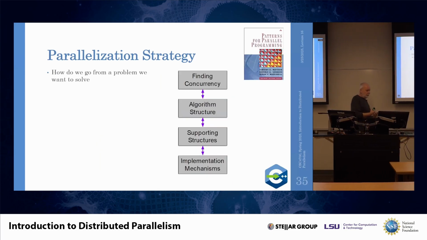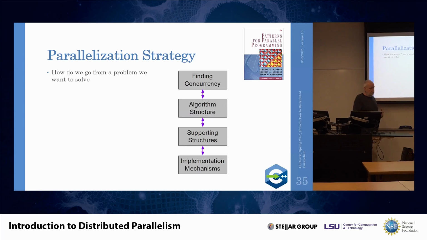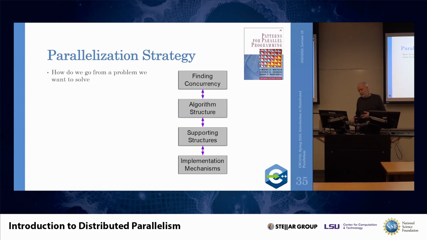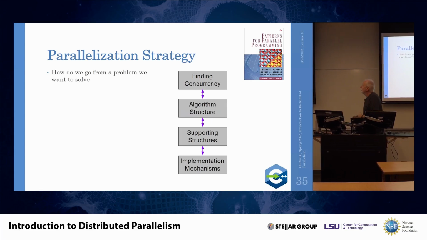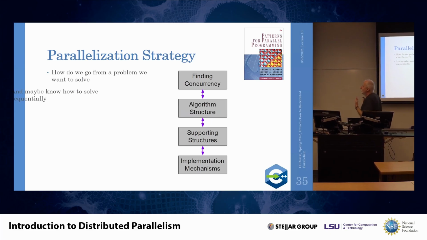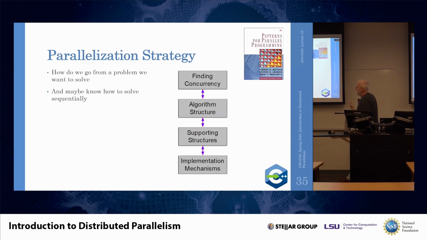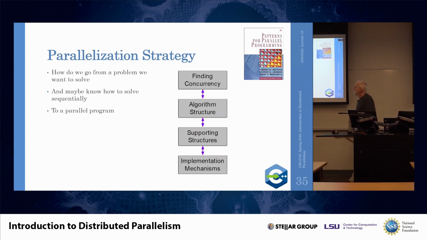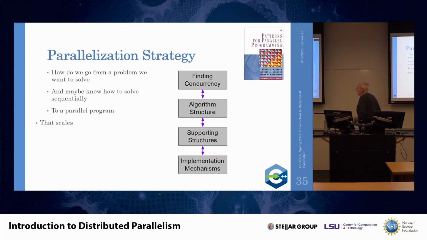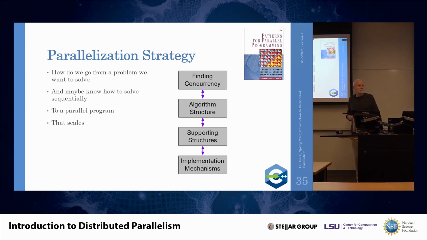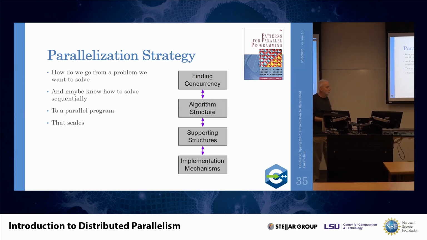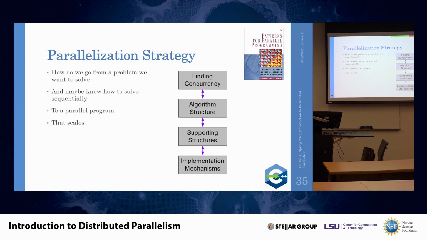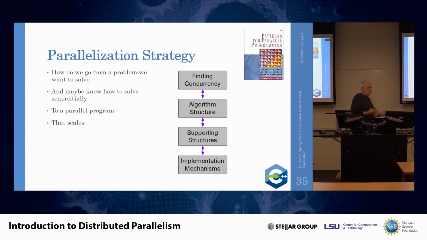We went through that. I want to do it again just because the angle is slightly different to what we have done so far. How do we parallelize this problem? How do we go from a problem we want to solve and maybe know how to solve sequentially to a parallel program that actually scales, that actually gives us better performance than the sequential program? Because why do we parallelize things?